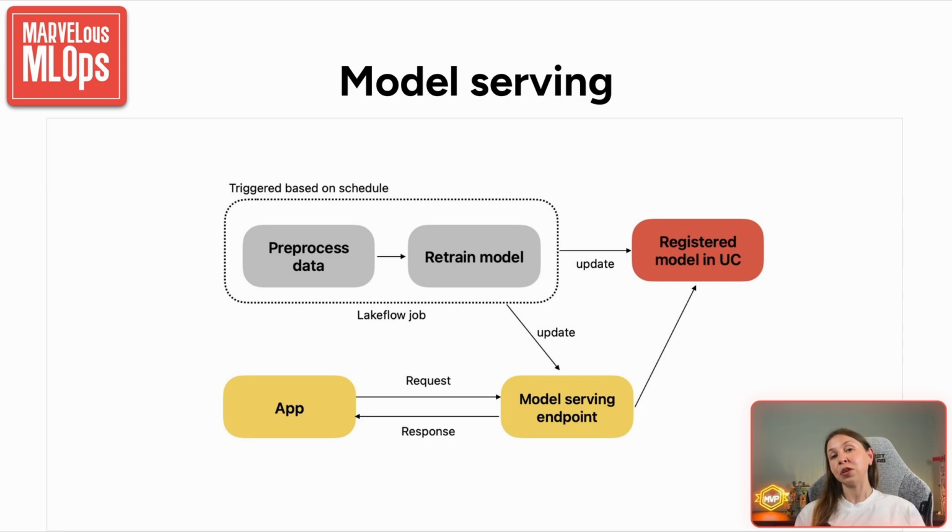After the model is registered, it can be directly used behind a model serving endpoint because we are not looking up any features and all the features are available through the payload. So the app can send the request to model serving endpoint and get a response back without looking up anything anywhere.